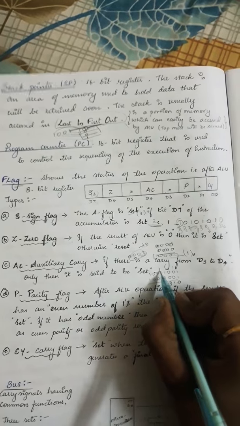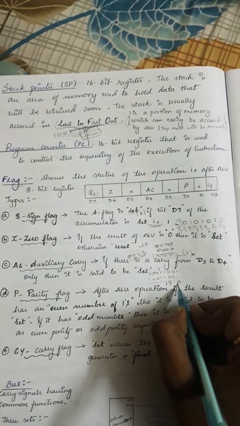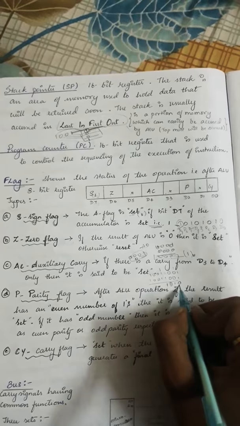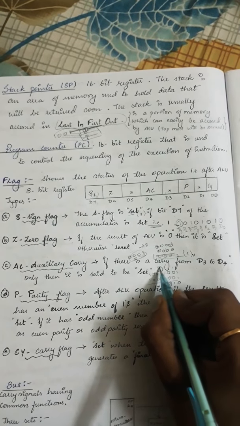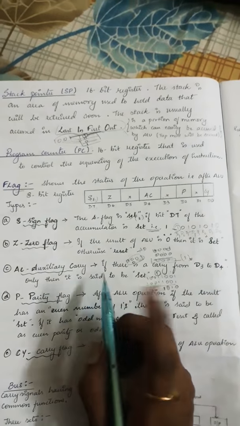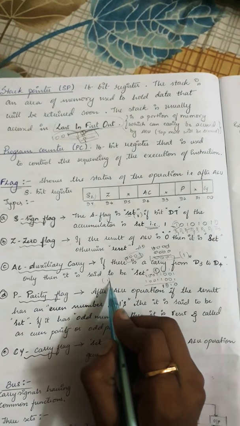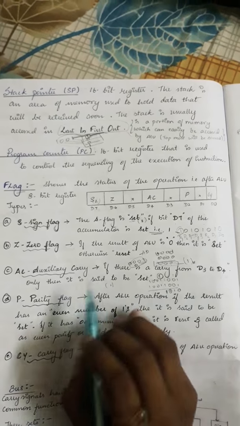Here, see, now this is going to be a carry, D0, D1, D2 and D3. So this is going to be a carry. If this carry is present, then the auxiliary carry is set to be high, that is 1. Otherwise, the other condition is reset.